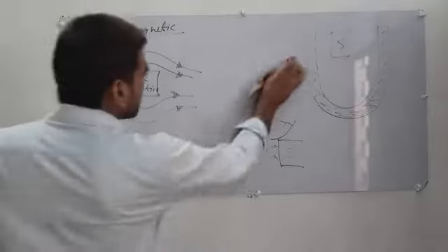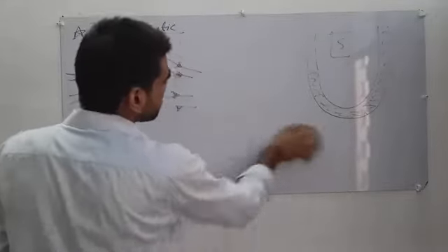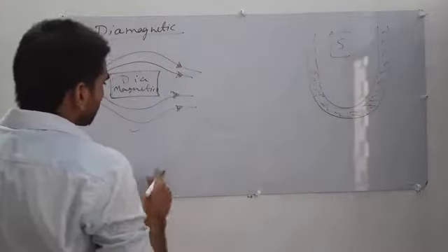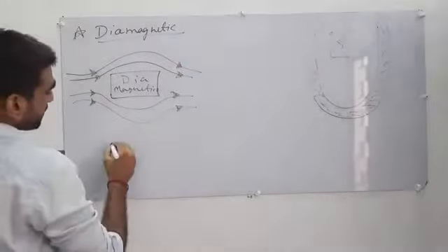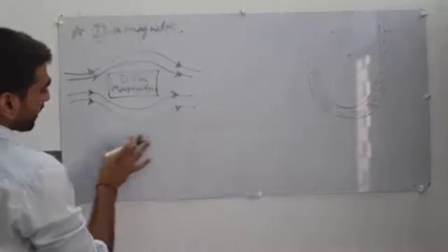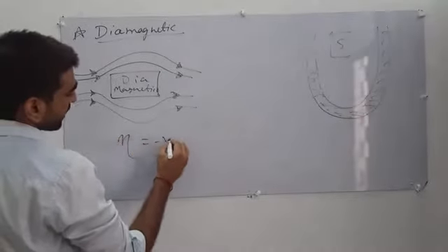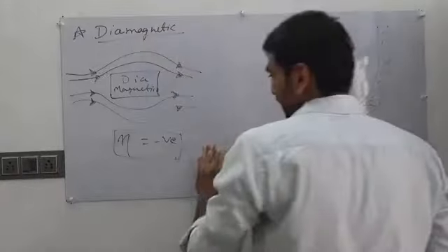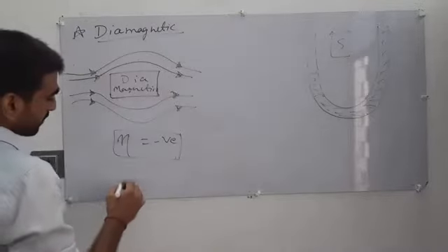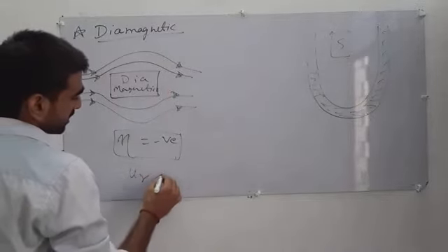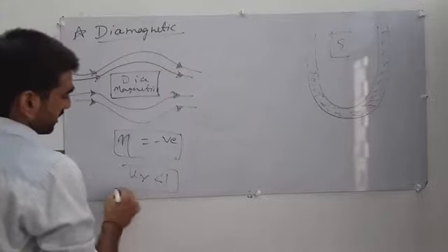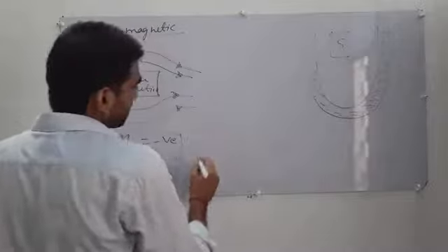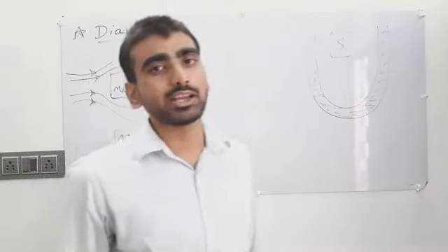Now we talk about some mathematical tools related to diamagnetic materials. The susceptibility of diamagnetic material is negative, and the relative permeability is less than 1. The susceptibility of diamagnetic material is independent of temperature.